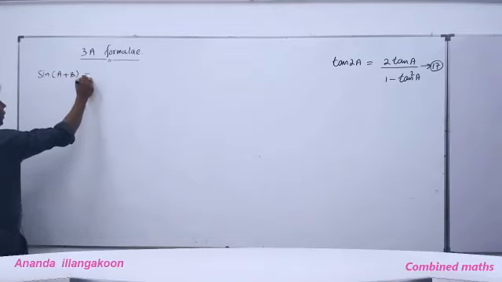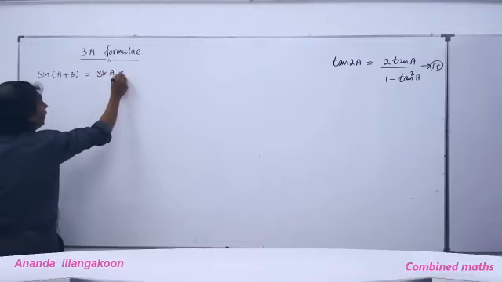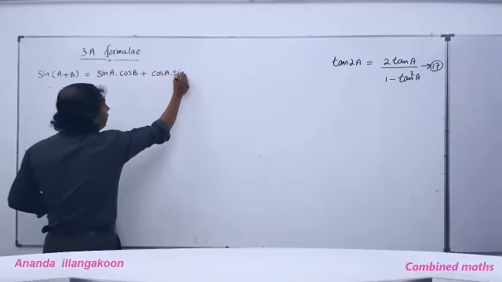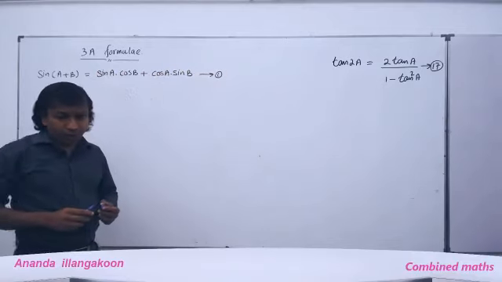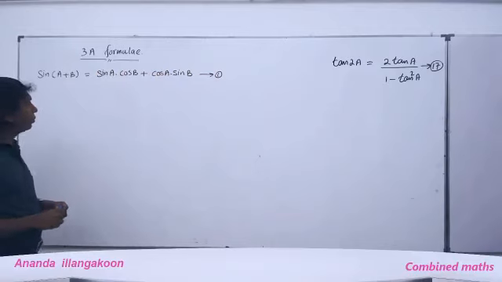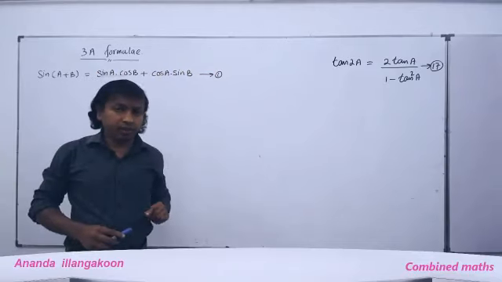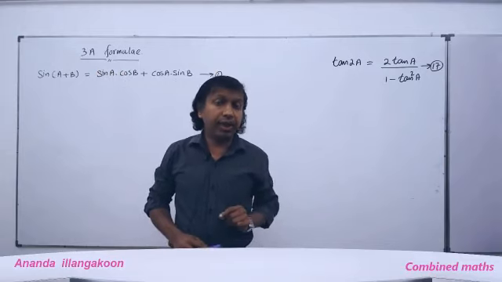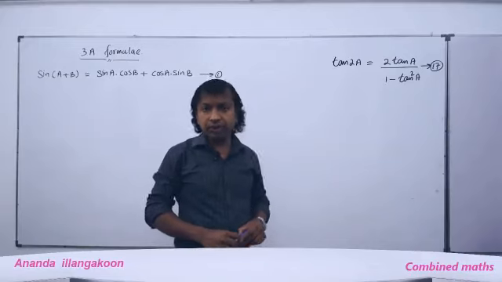In formula number 1 we obtain sin(A+B) is sin A cos B plus cos A sin B. In this formula number 1, we substitute for capital B the angle 2A. Then in the left hand side we get 3A. That is the formula for sin 3A, right?